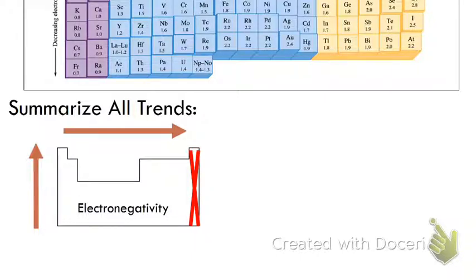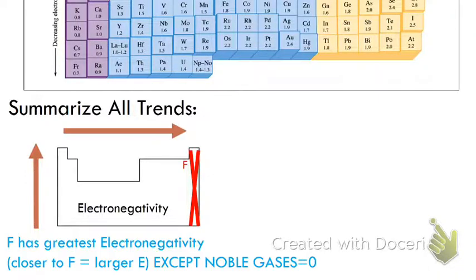And so we're going to exclude them from this trend as well. Anything to do with electrons, electron affinity, and electronegativity, we're excluding the noble gases, which means that just like our electron affinity, fluorine has the highest electronegativity. The closer to F we are, the larger our electronegativity is, except of course our noble gases.